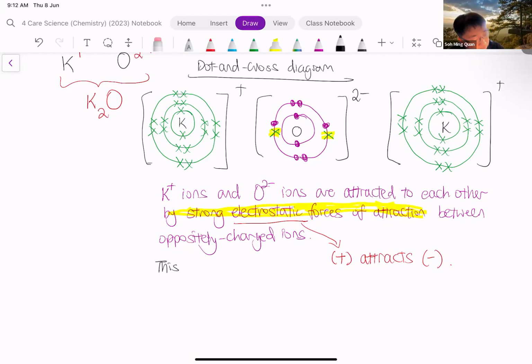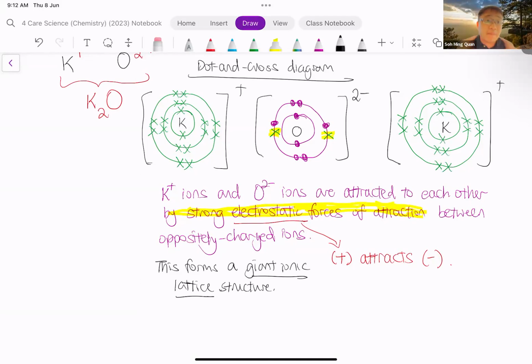This forms a massive structure. And this massive structure is called a giant ionic lattice. So ionic compounds have a giant ionic lattice structure, okay, which is formed by many oppositely charged ions attracted to each other by strong electrostatic forces of attraction.